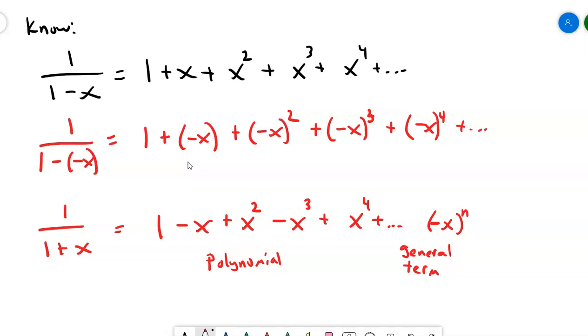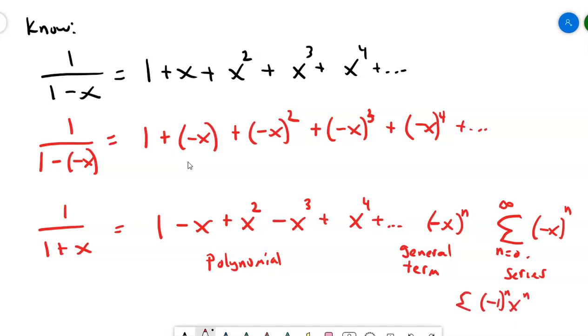If I start at n equals 0, n equals 0 would give me a 1 for the first term, n equals 1 would give me a negative x for the second, n equals 2 would give me a positive x squared. So it looks like if I write this series starting at n equals 0 to infinity of negative x to the n, that is the series, which, by the way, I could also write as negative 1 to the n, x to the n.